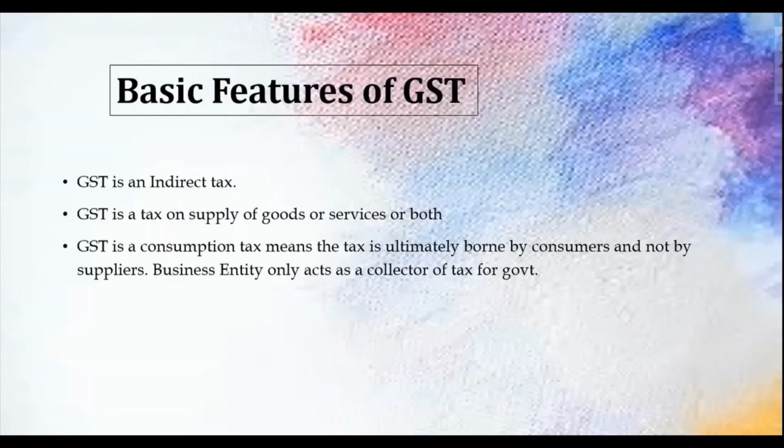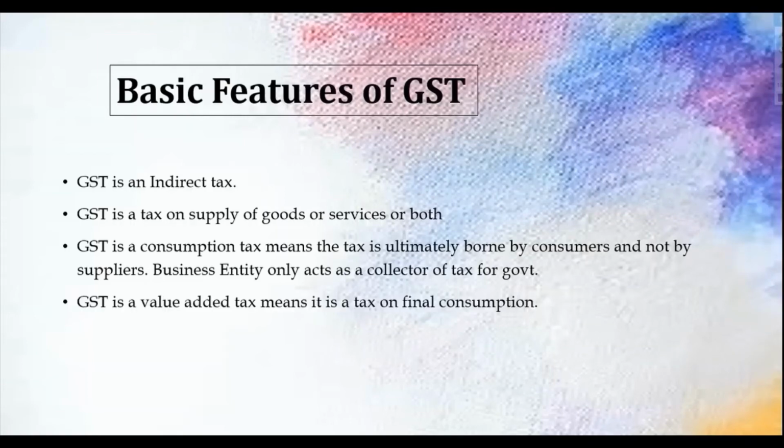For example, if a supplier is in Delhi and the recipient consumer is in Maharashtra, then the Maharashtra government will levy the consumption taxes, where the consumption is there, consumption in that state.